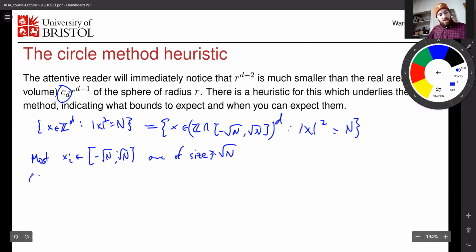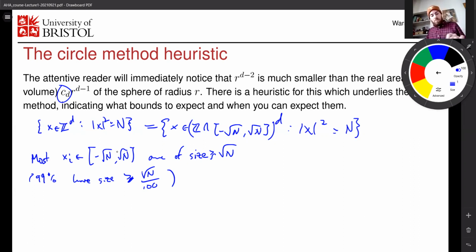For instance, 99% have size greater than or equal to root n over 100. So most of my integer points here are going to have very large coordinates. They can't be much smaller than the square root of n. And I'm expecting them to be roughly distributed.